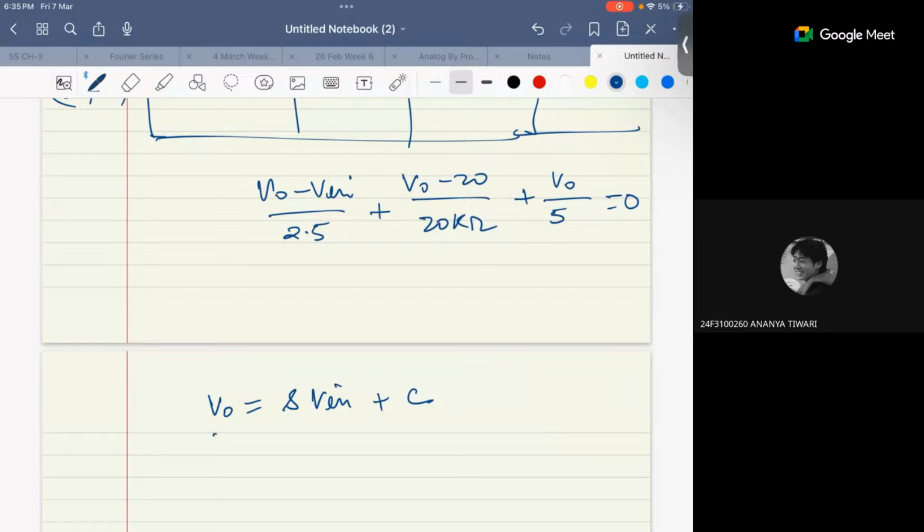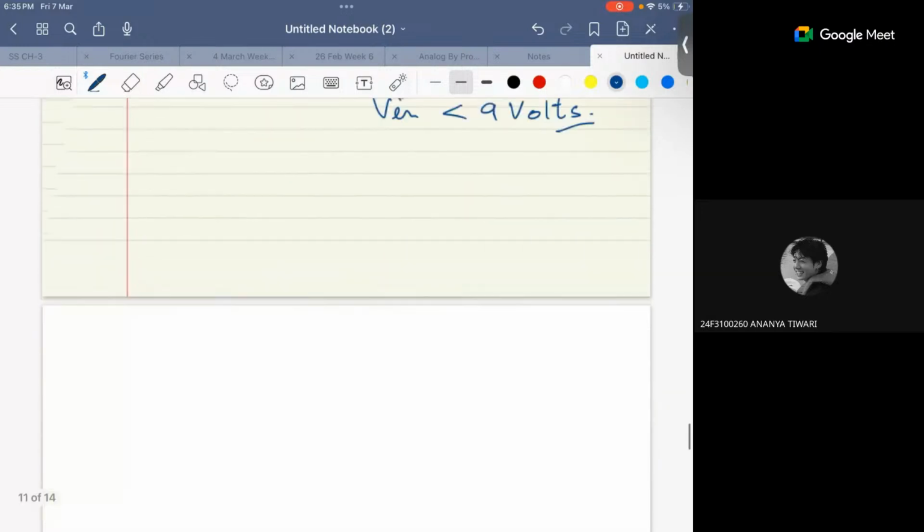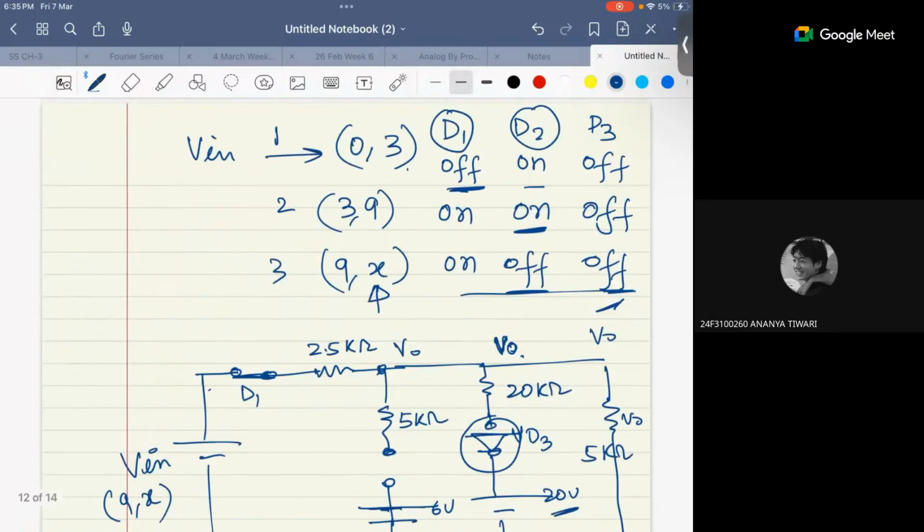This is what you'll be getting, V output in the form of V input. And what was the equation that has been given? The V input was from 0 volt till 150 volt, right? So now, see, what will happen? All the combinations of D1, D2, D3 have already been found, so all the combinations have been made.